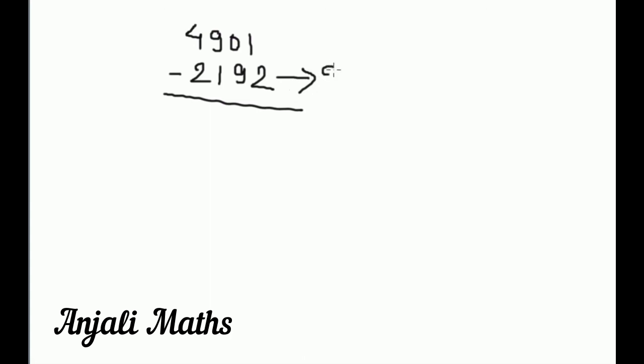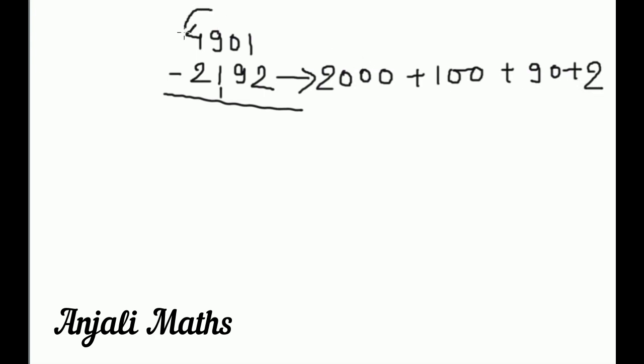Let's see the next example. The next example is a 4-digit number, 4901 minus 2192. We can expand this as 2000, 100, plus 90 plus 2.